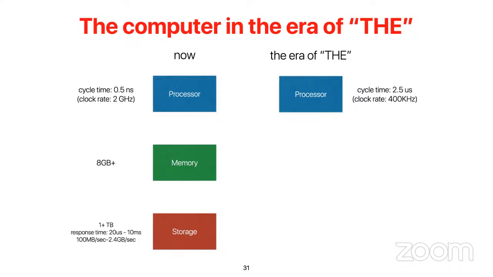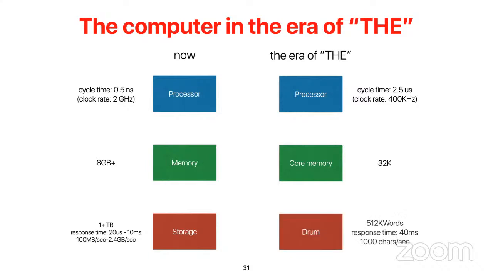It's really slow, probably not 500 times, actually 5,000 times slower than your current processor. And the memory is called core memory, and the storage is called DRAM.